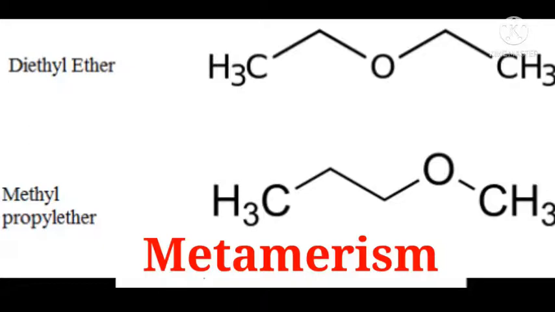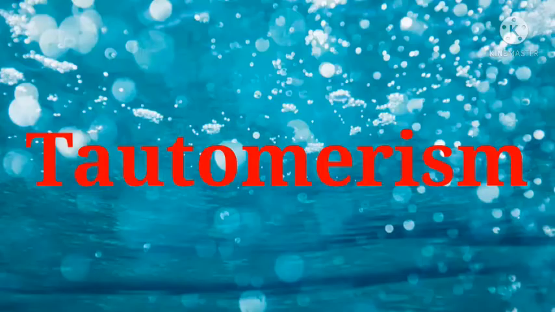So name is diethyl ether. Whereas in the second case, one carbon atom is there on one side of the functional group, whereas on the other side, three carbon atoms are there. So it is methylpropyl ether. Molecular formula of both the compounds is same, but they differ with respect to the distribution of carbon atoms on either side of the functional group and hence are known as metamers, and this phenomenon is known as metamerism.